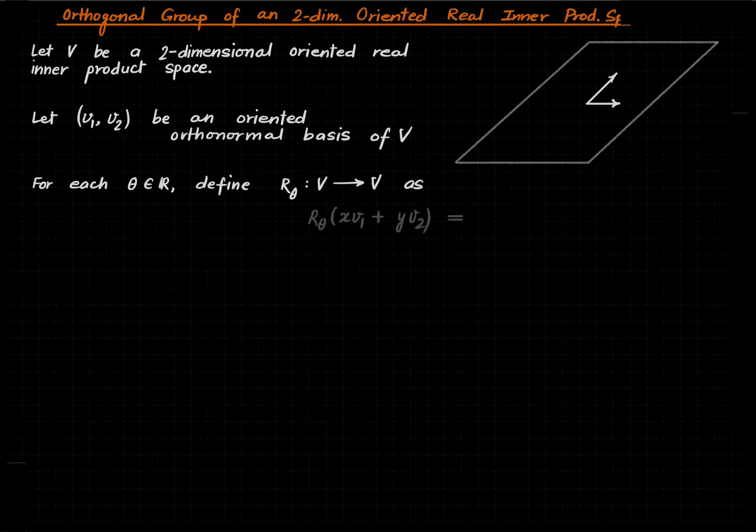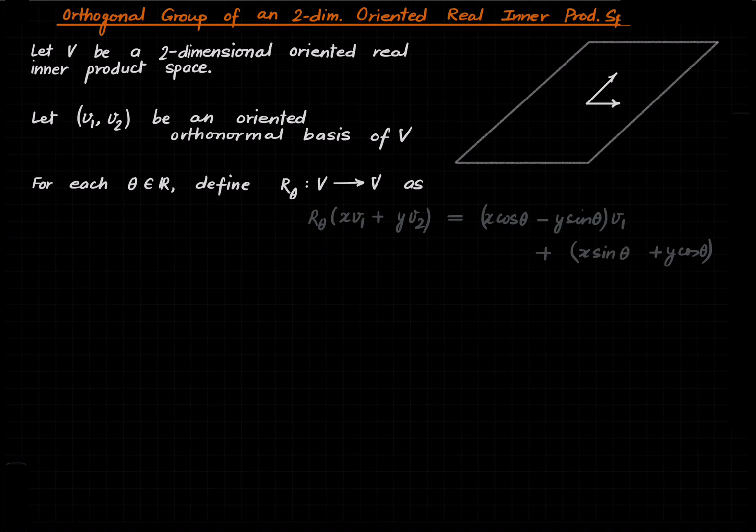Now I forget what was the formula, but let me try to remember. It should be something like that. This should be a minus, I think. And let me see, what was it? Should be sine theta.